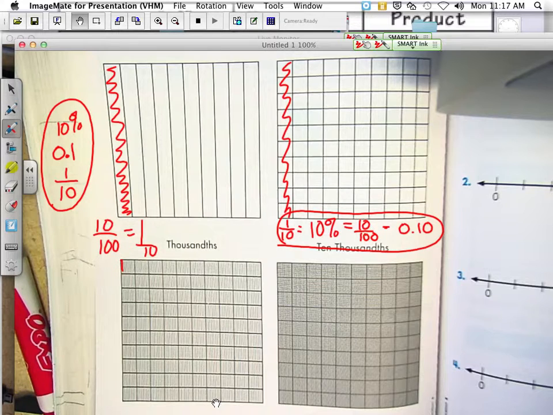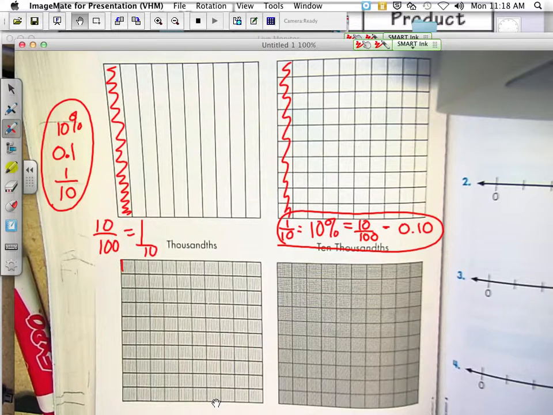So if I break up this whole garden into 10 equal parts, what am I going to shade for 1/10? Am I changing the amount that I need to shade? No, I still need to shade 1/10 of the whole thing, right? So is that going to change the amount?